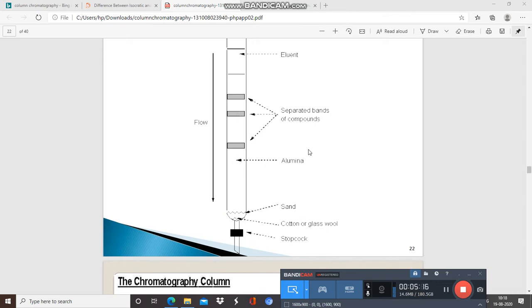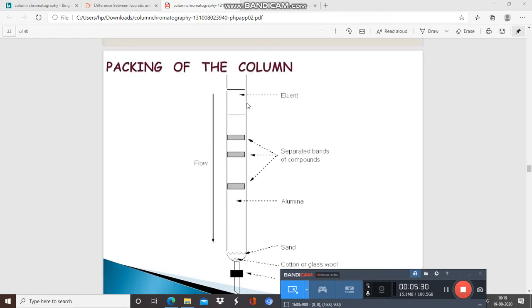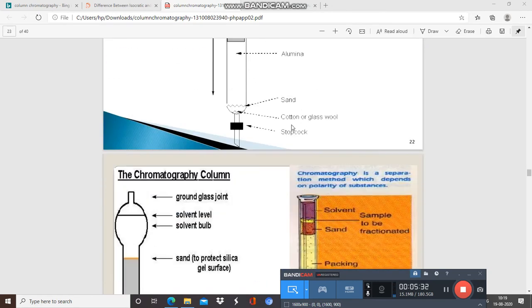This is alumina, or you can also use silica gel as an adsorbent, the stationary phase, and here is written the separation of bands or compounds. But sometimes you might not be able to see the separation. And this is your eluent, or the mobile phase.